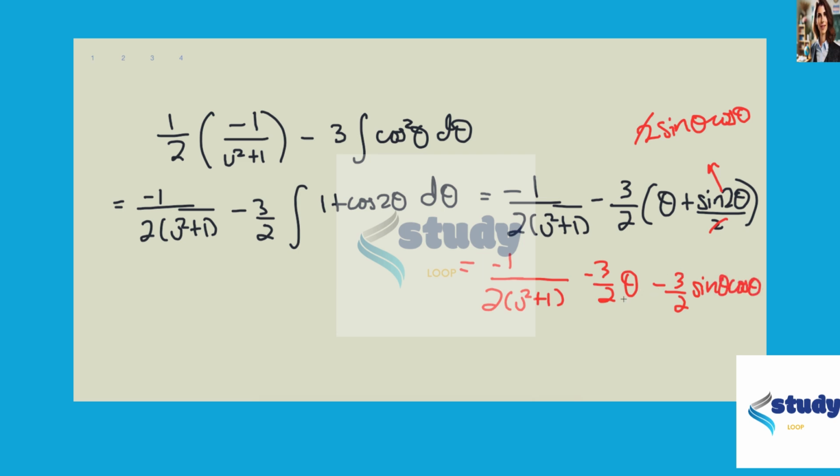And now we can go ahead and get this back in terms of u. So first, recall our trig sub, u equals tan theta. So that means theta is tan inverse of u. So we can start writing that here.